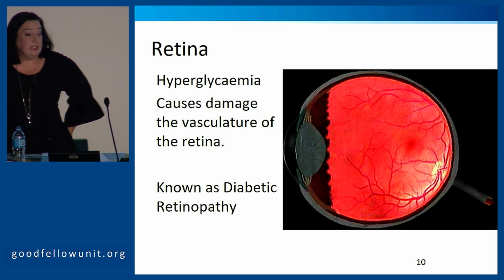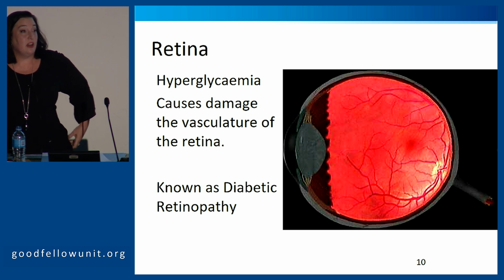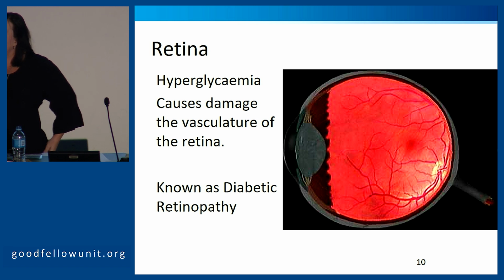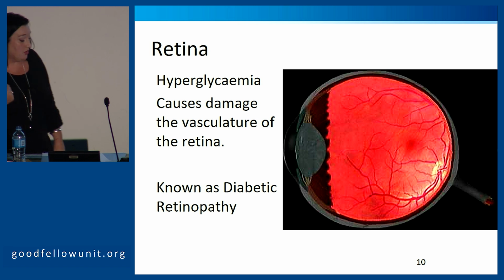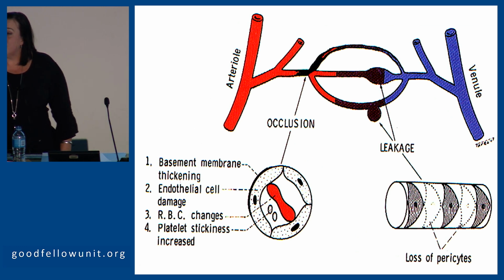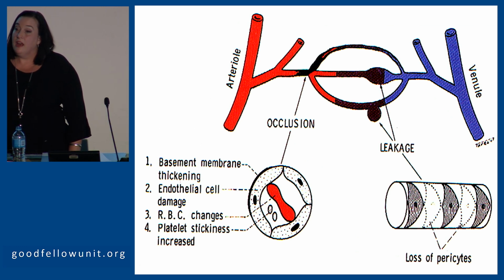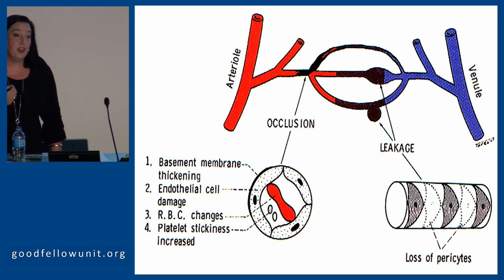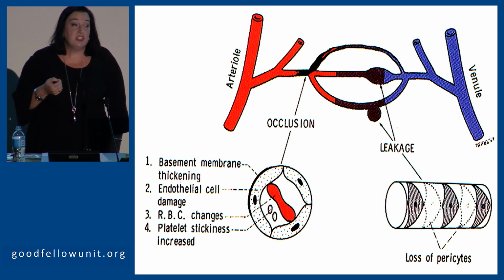Okay, so the retina. So long periods of hyperglycemia lead to changes in the blood vessels. We call it diabetic retinopathy. So what's actually happening? So there's two processes. One is where the blood sugar, as it's flowing through the vessels, damages the pericytes or kills them.